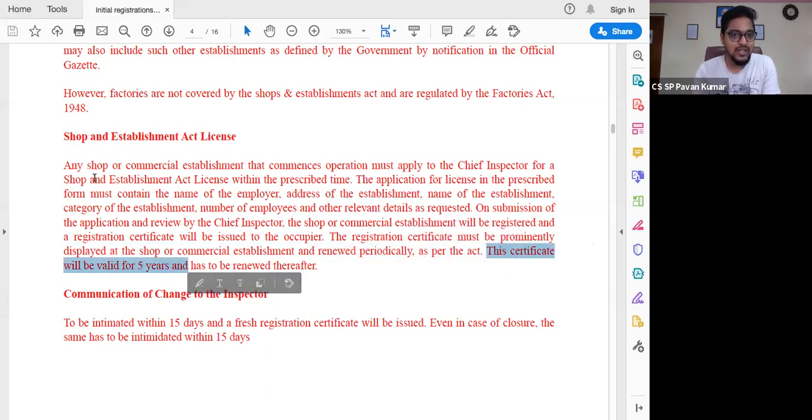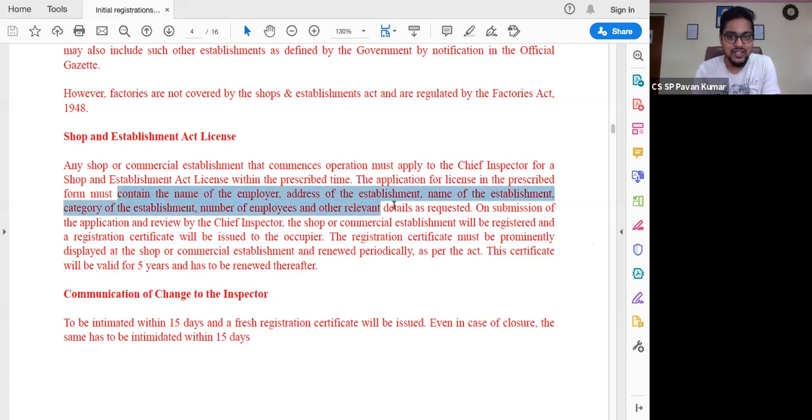For any shop or establishment, the application for license in the prescribed form must contain the name of the employer, address of the establishment, name of the establishment, number of employees, and all other relevant details. It has to be given to the chief inspector, and after the review, he will issue the certificate.